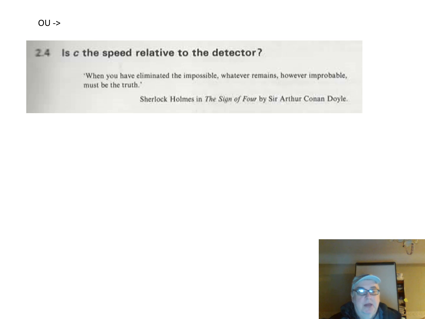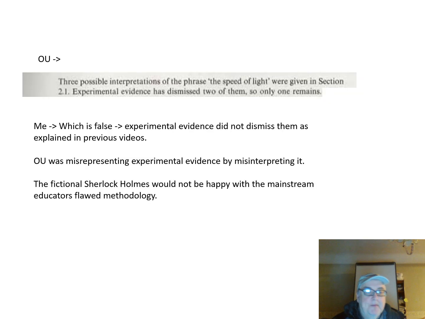But as I'm pointing out, Open University is not dealing properly with the empirical evidence. And Open University says 3 possible interpretations of the phrase the speed of light were given in an earlier section, which I've dealt with. Experimental evidence has dismissed 2 of them, so only 1 remains.